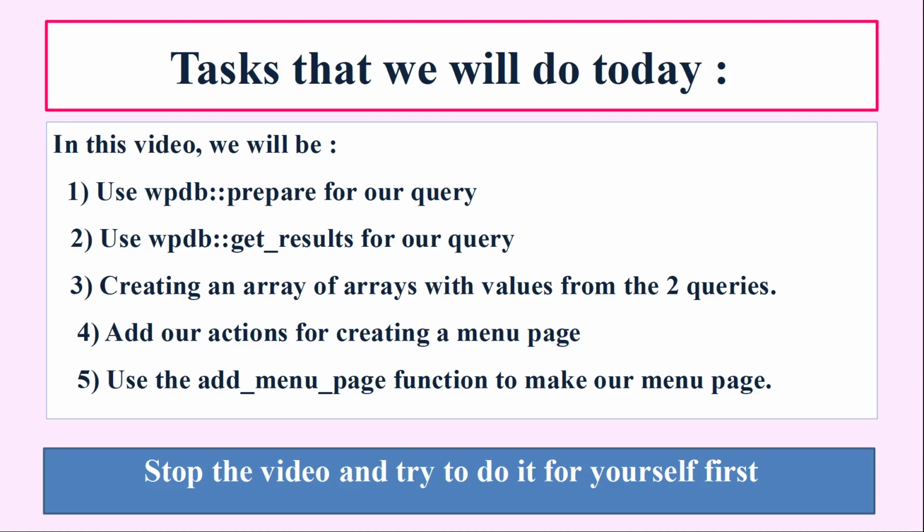One is a table that we'll create, and the other is the table that's already existing in the WordPress database, the wp_comments table. Then we're going to be cycling through those results and attaching them onto our array of arrays that we created in the last video.